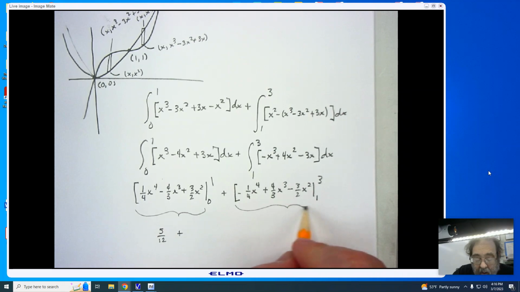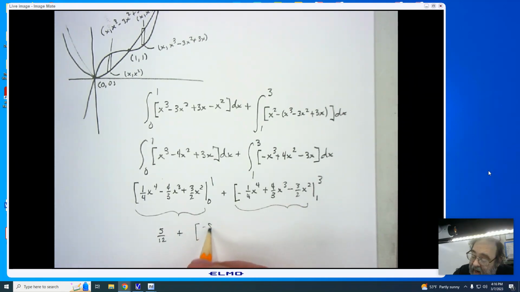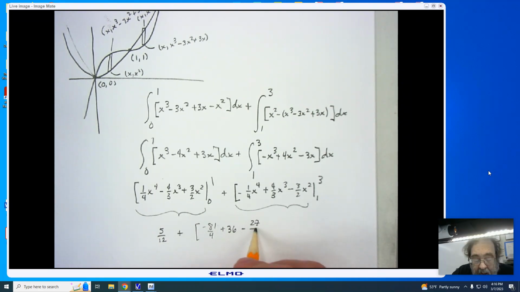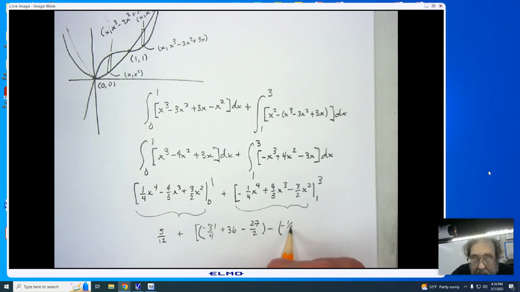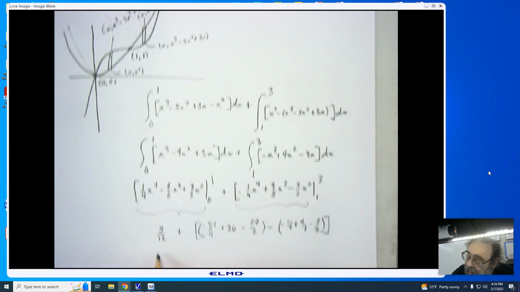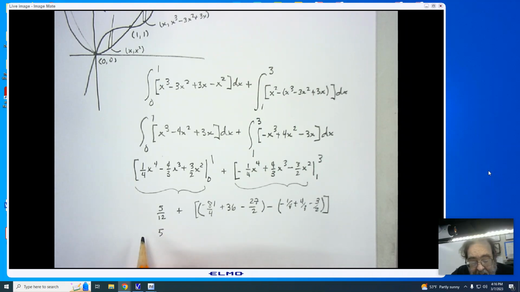This piece right here is going to end up being the negative 81/4, then plus 36 minus 27/2, minus negative 1/4 plus 4/3 minus 3/2. And that's going to simplify down to 37/12.